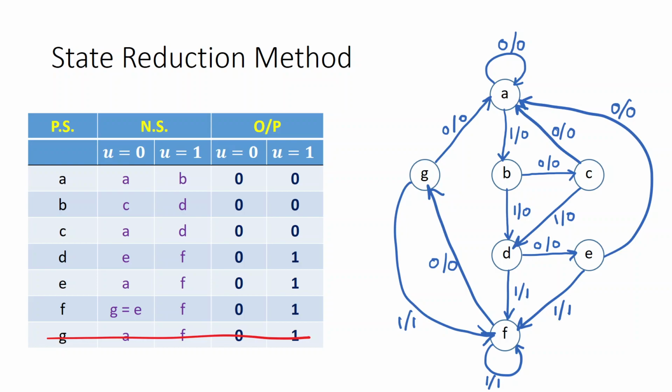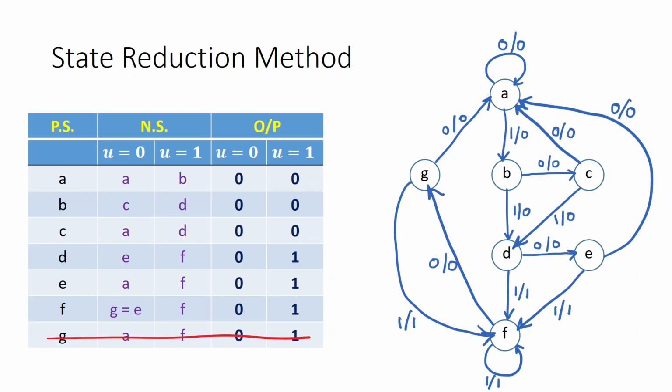So when you have changed G to E, then we should check if further reduction is possible. We should not reduce only once and stop. We should always check if further reduction is possible.